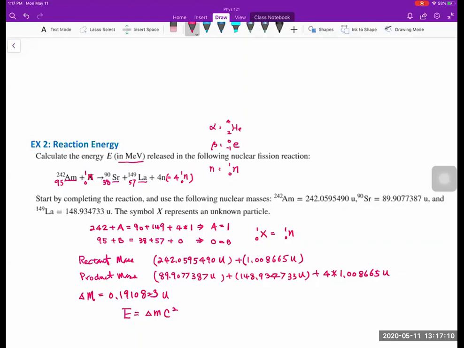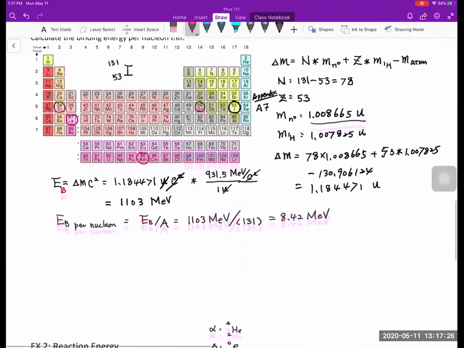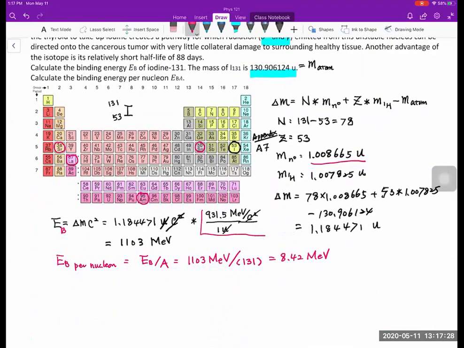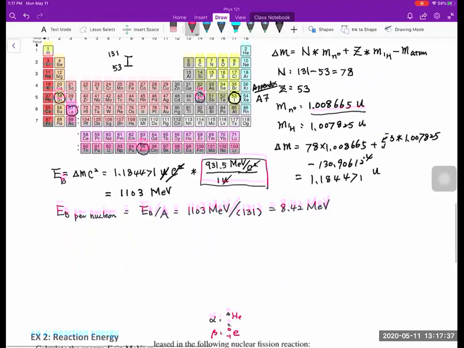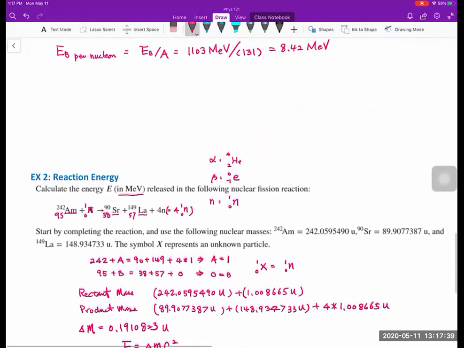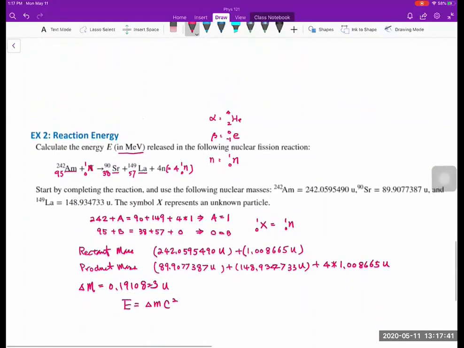So you have to get electron volts. One quick way is that you can change the mass in terms of U into MeV per c squared. We gave you this equation before, which is this one here. This is a conversion factor that you use to convert the mass into mega electron volts divided by c squared. So 931.5.